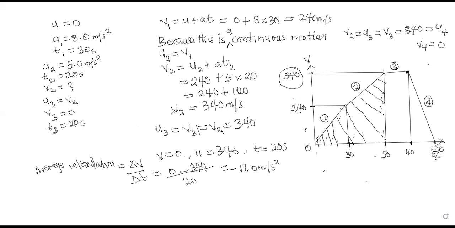You see, this area is 2 in 1. You see the shaded area. I have a triangle. I also have a trapezium. So the area of the triangle, half times base, which is 30, times height, which is 240, so we have 15 times 240.